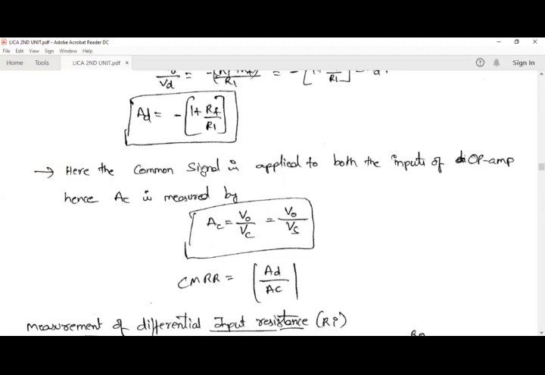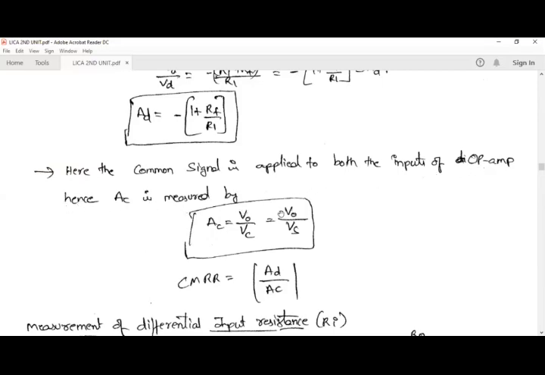So we have found the differential gain, and now we are going to see how to measure the common mode gain. If you know the values of RF and R1, we can measure the AD value. Now we have to find the value of AC. AC is equal to V0 by VS, since the common signal is applied to both the inputs of an op amp.